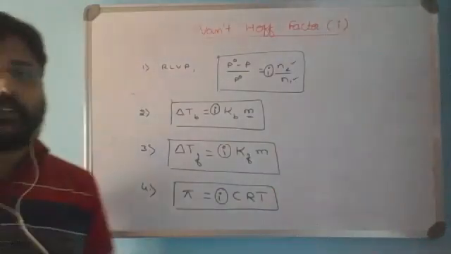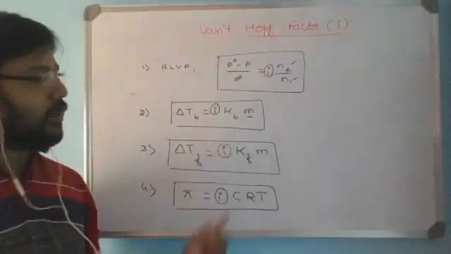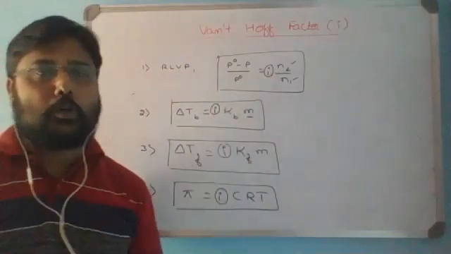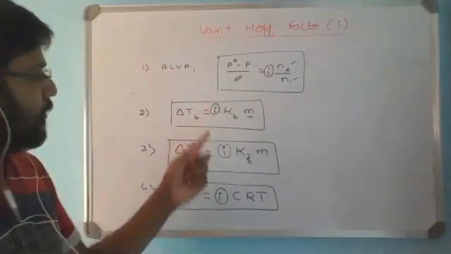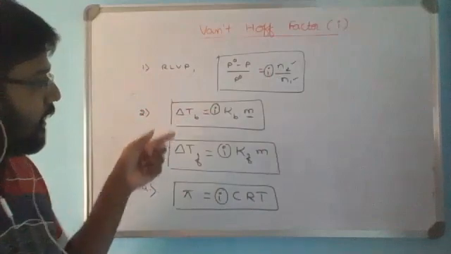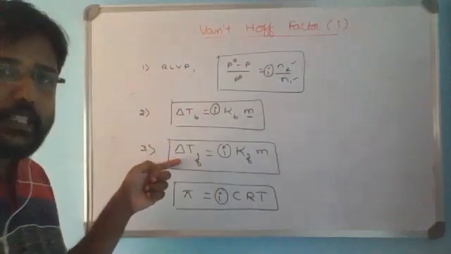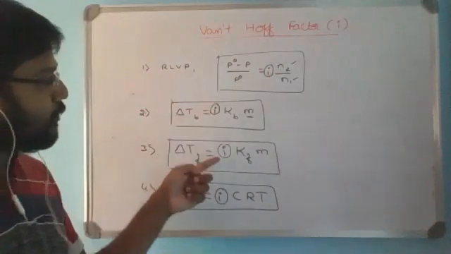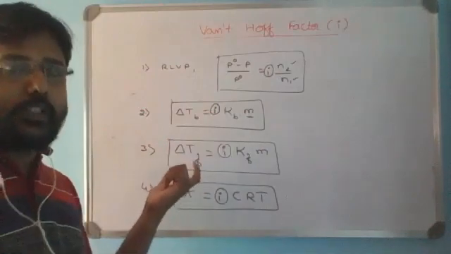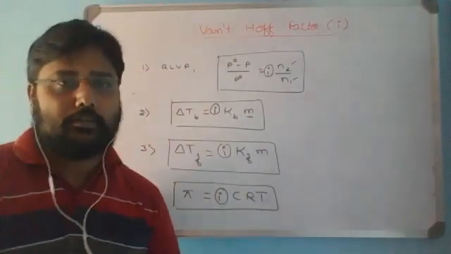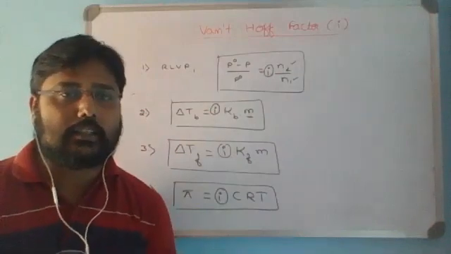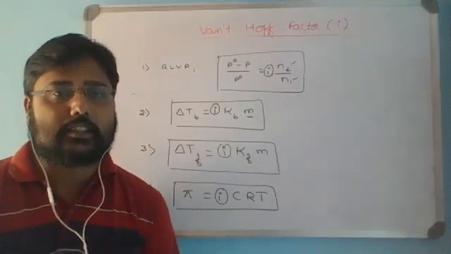All these 4 equations with Van't Hoff factor are important topics for competitive exams. The i value signifies delta Tb and delta Tf information, and the i value with the boiling point of solution and freezing point of solution will be frequently asked. We'll consider that in our question and answer discussion classes.